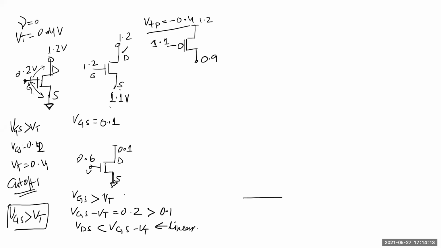Okay, Sumant, maybe you can come online and explain. Why is it in cutoff? Because the VGS is greater than the VT voltage. Well, if VGS is greater than VT, why is it in cutoff? But we said VGS greater than VT is channel on here.